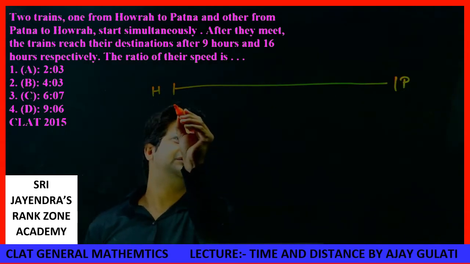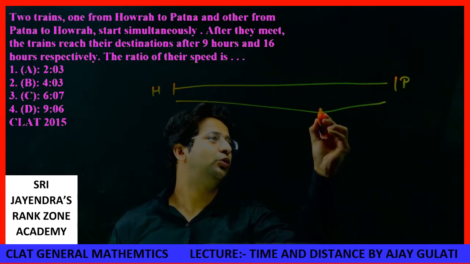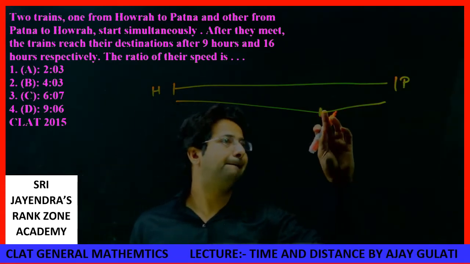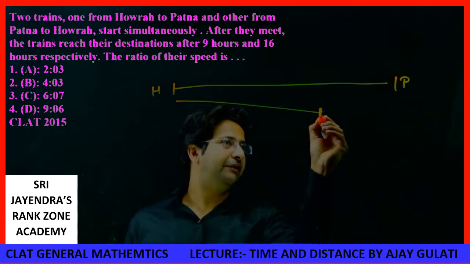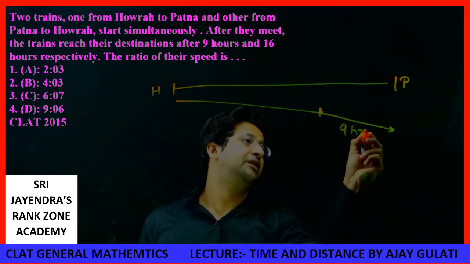Let's say the train which started from here, the other train started from here. The two trains met over here. I should be using different pens. This train met with the other train over here and it reached its destination 9 hours after the meeting.